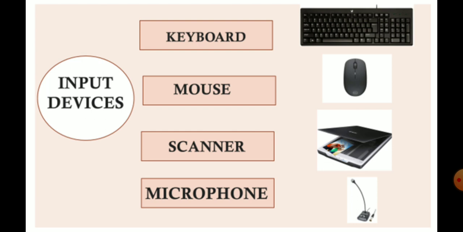Then comes the mouse. The second input device is a mouse. Now, how is a mouse helpful to us? It can do lots of things within the computer. It lets us point and select items on the monitor. With the help of a mouse, we can select the icons or the items.